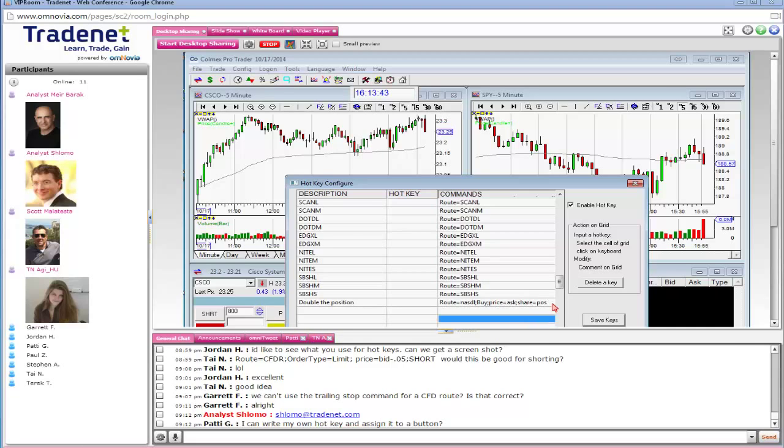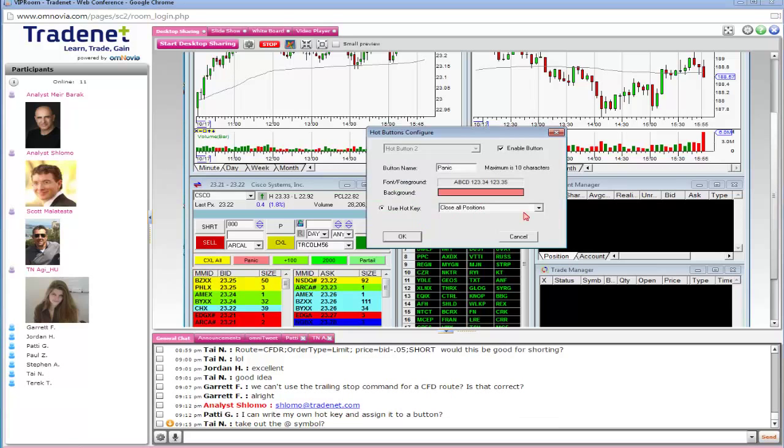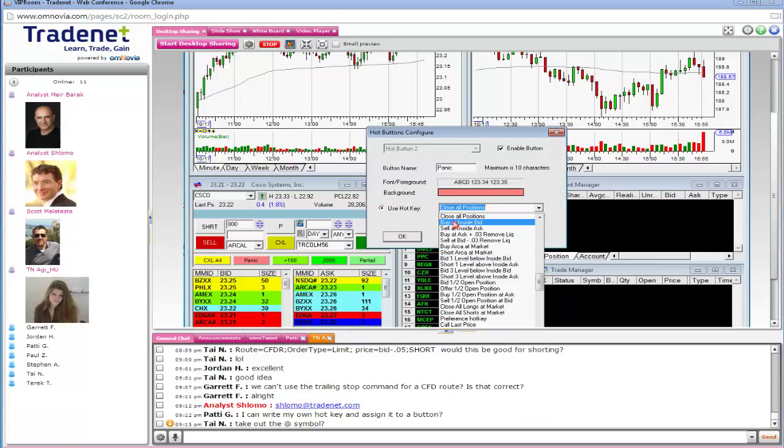Drop down menu when assigning a command to the hot button, okay.